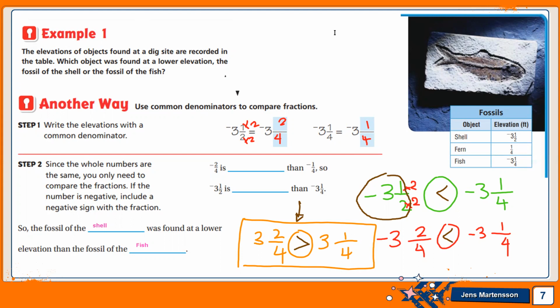Now, did you finish writing? Teacher, wait a minute. Okay. Why here in step 1 did you make negative 3, 1 out of 4 equals negative 3, 1 out of 4? Just keep them as they are, because the denominators are 4.